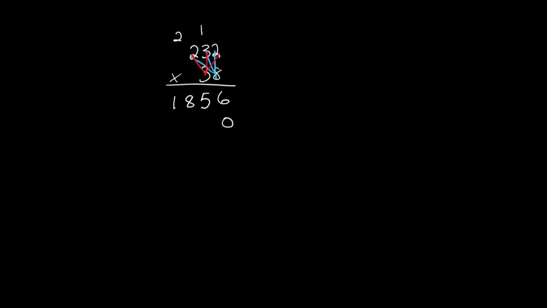Now 3 multiplied by 2 is 6, 3 multiplied by 3 is 9, and 3 multiplied by 2 is 6. And so our final answer will be the sum of both numbers. So that will be 6, 11, carry 1, 18, carry 1, and 8. And so our final answer is 8,816.